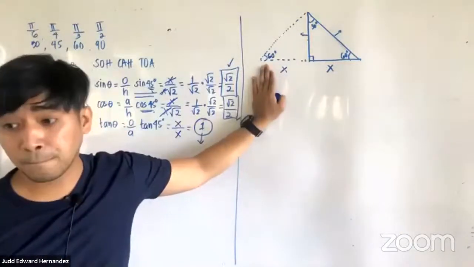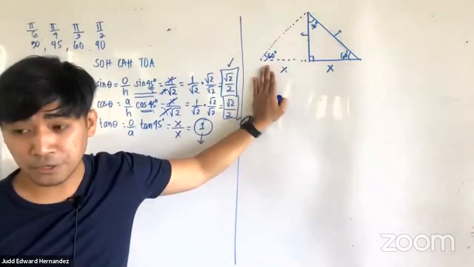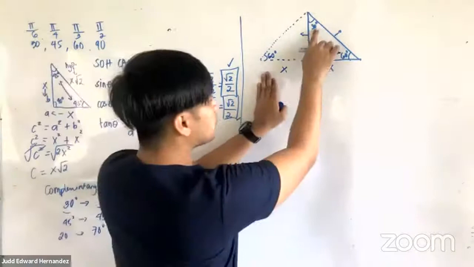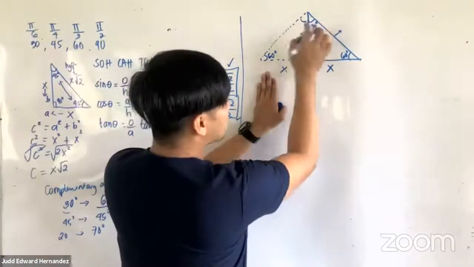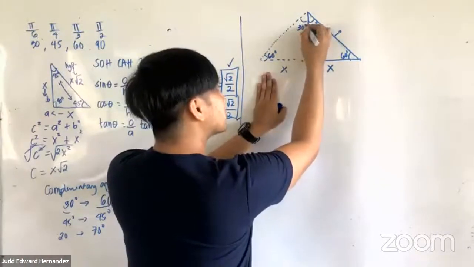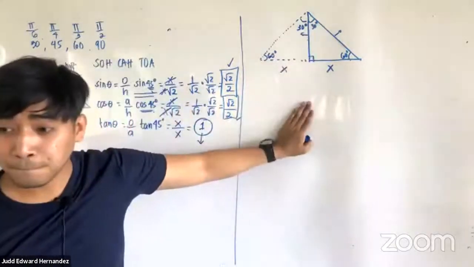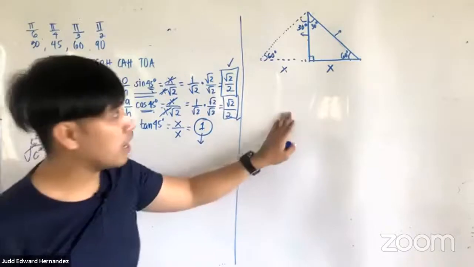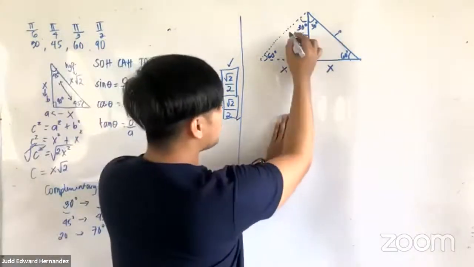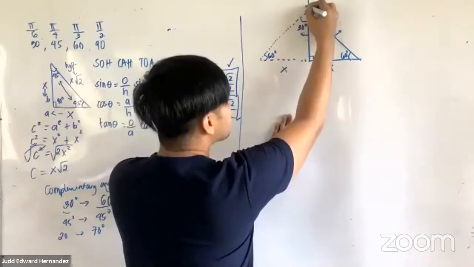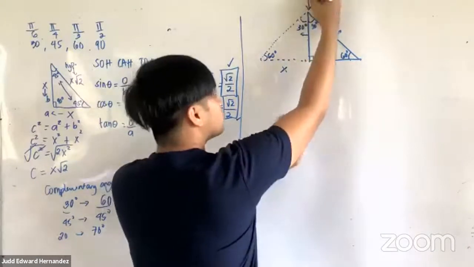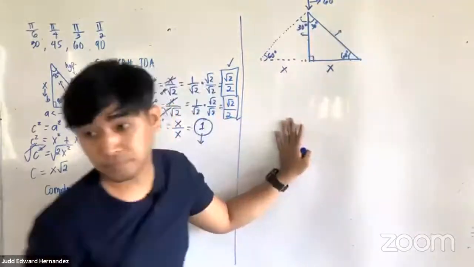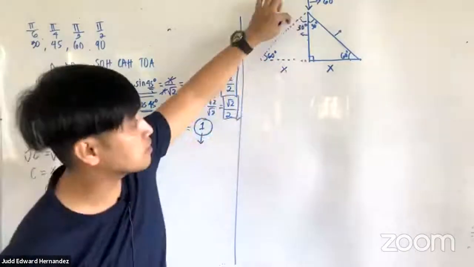Tama po ba? Okay. If this is 30 degrees, this must be 30 degrees. Tama po ba? Yes or no? Opo. Okay. If this is 30, this is 30, I should say that this angle here is equal to 60 degrees. Tama po ba? That this is also 60 degrees.